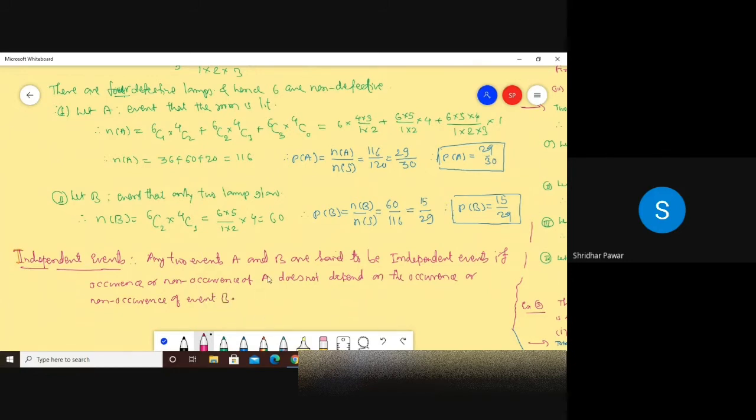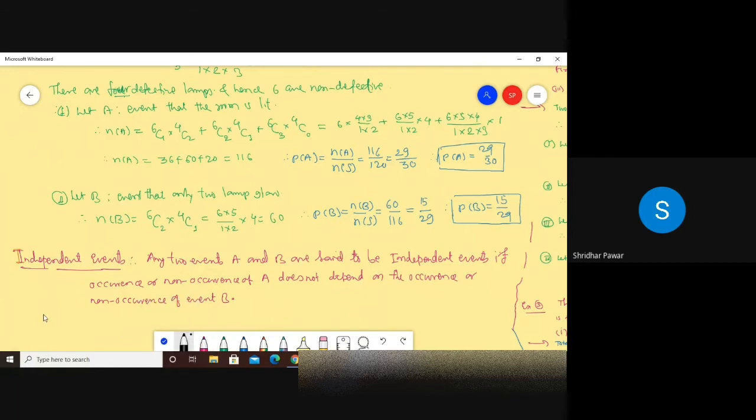A चं घडणं किंवा न घडणं, ओके, हे बी वरती जर का बीच्या घडण्यावरती किंवा न घडण्यावरती अवलंबून नसेल, then such events are said to be independent events.